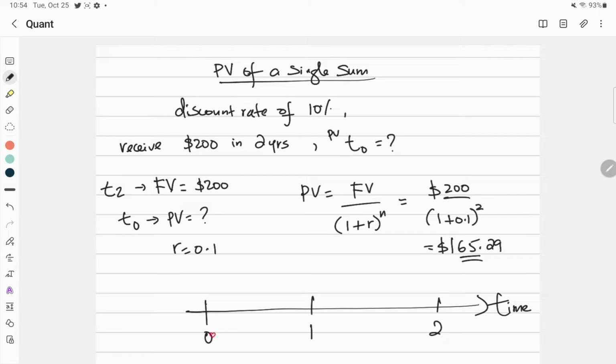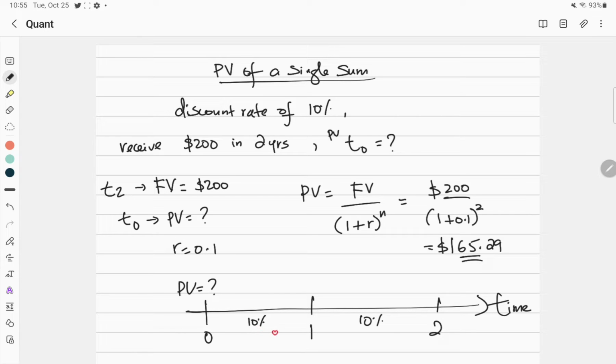So at time t equal to 0, how much should you invest so that at an annual discount rate of 10%, 10% for the first year, 10% for the second year, and this 10% is calculated on the principal and interest that you obtained in the first year?